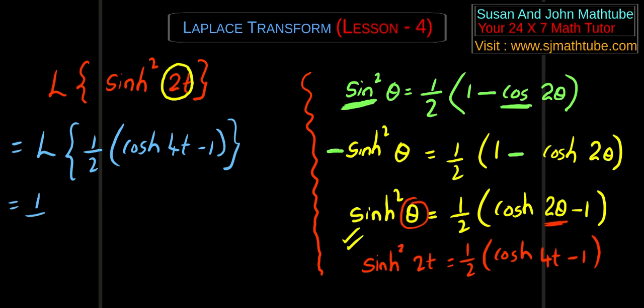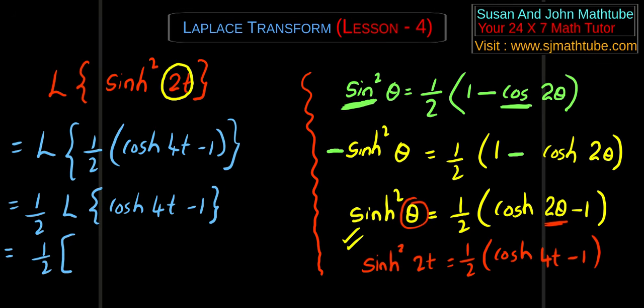And that will be 1 by 2 Laplace of cosh 4t minus Laplace of 1.